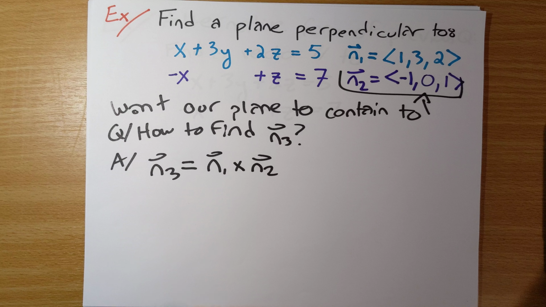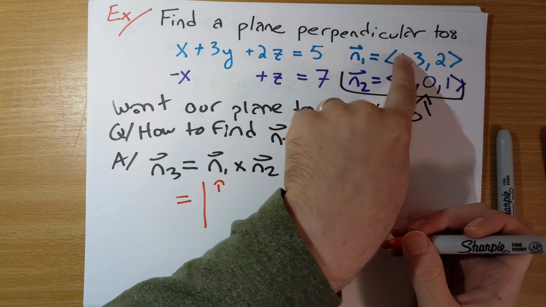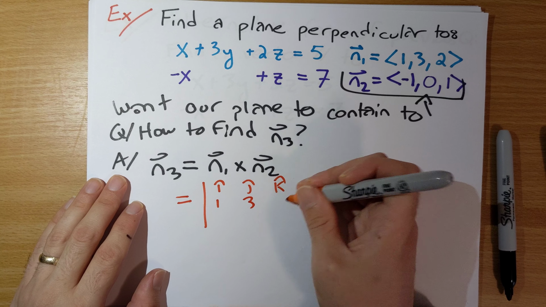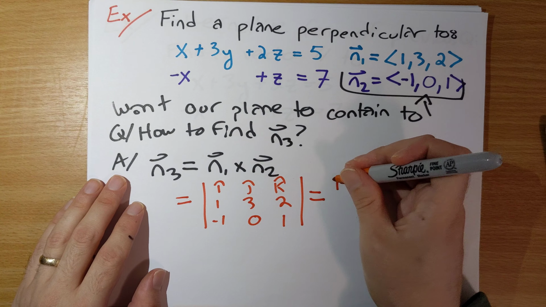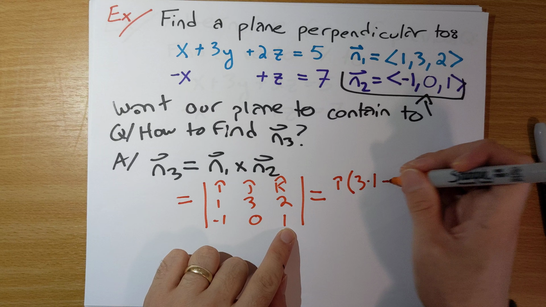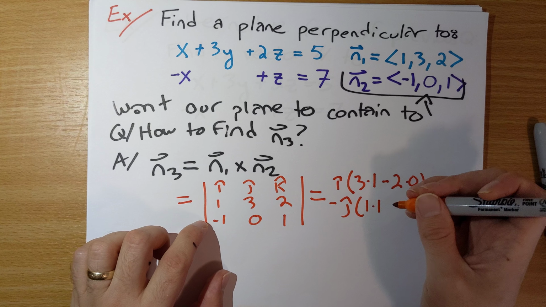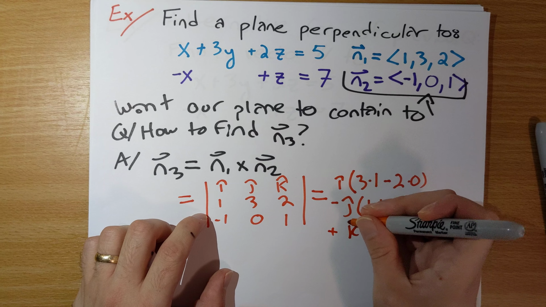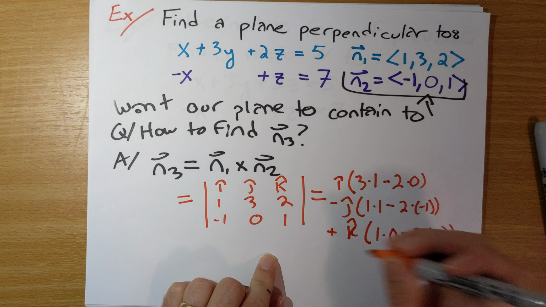So what we're going to do now is let's crunch this out. Let's find the cross product of these two vectors: i hat, j hat, k hat, 1, 3, 2, negative 1, 0, 1. Okay, so this would be i hat times 3 times 1 minus 2 times 0, minus j hat times 1 times 1 minus 2 times negative 1, plus k hat times 1 times 0 minus 3 times negative 1.